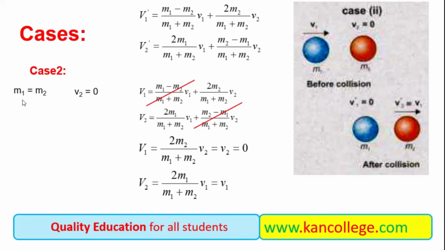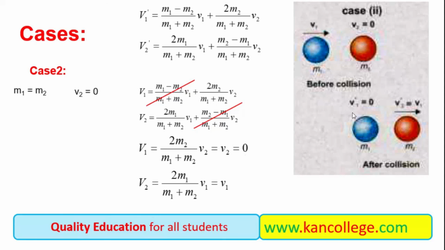Second case is in such a way that if m1 is equal to m2 and the second ball is at rest, then after collision, by using these equations, we can get the values of velocities after collision. Just putting the value, these two terms will cancel out, and let me take m2 is equal to 5, then 10 over 10 will cancel, and as we know that v2 is equal to 0, second ball is at rest, so v1 dash becomes 0.